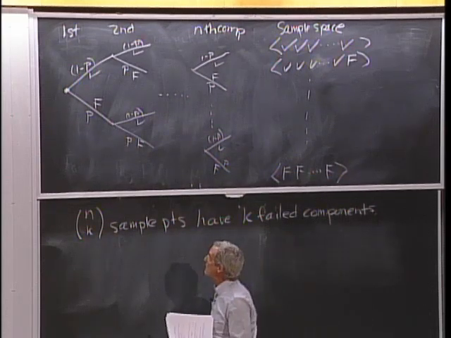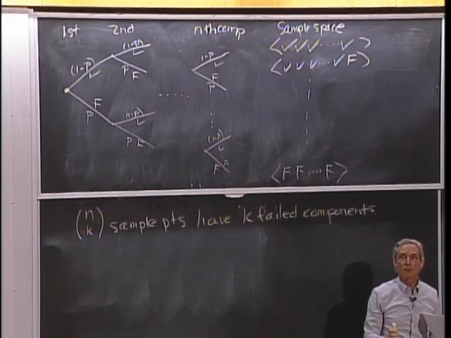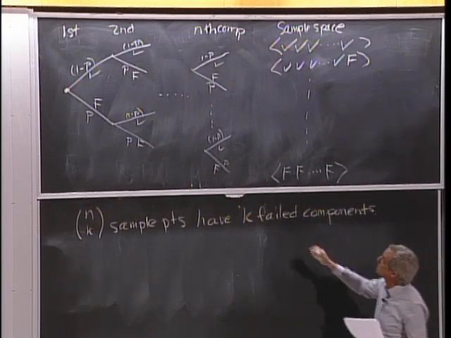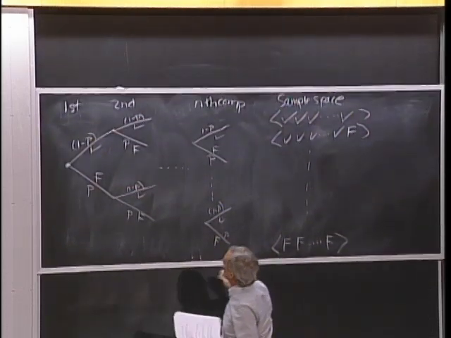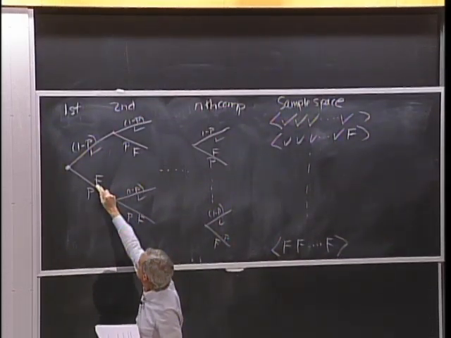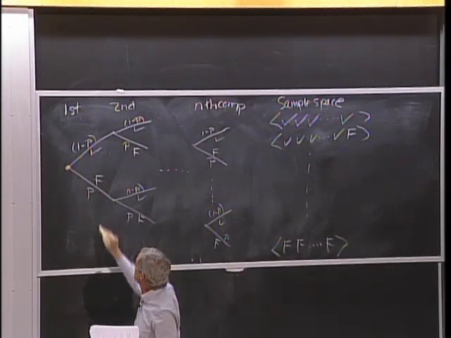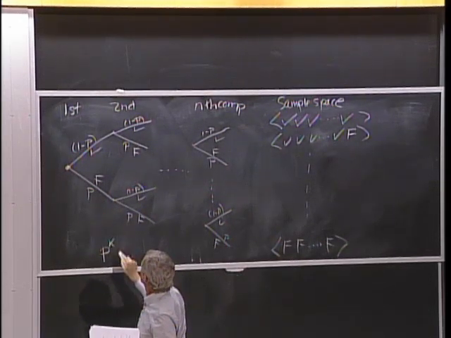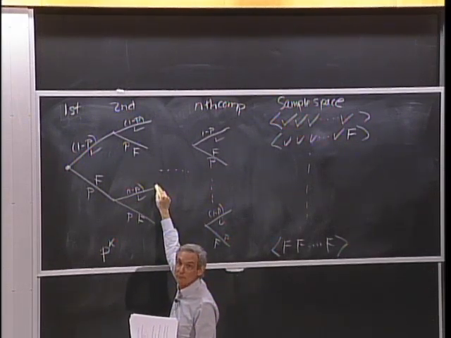All right, what's the probability of a sample point with k failed components? Well, I took k branches with a failure. Each of those gives me a p to the k. And I took n minus k branches with no failure.